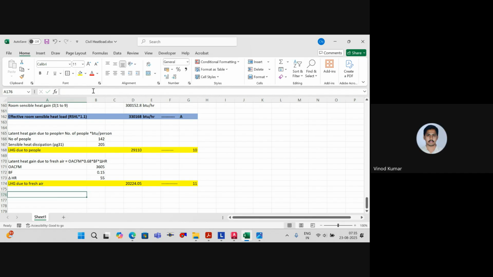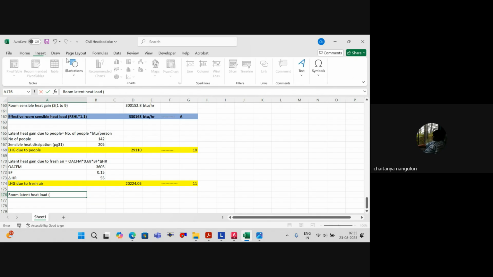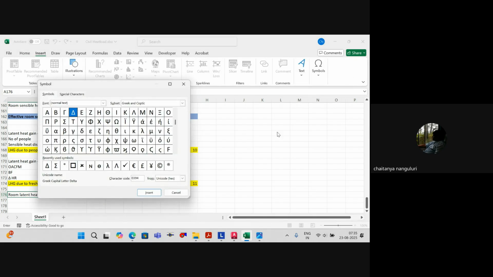Now we have to calculate the total room latent heat load. Room latent heat load is the summation of these two elements, equation number 10 and 11. That's equal to this one plus this one. I'll write this as equation number 12. Is it fine?